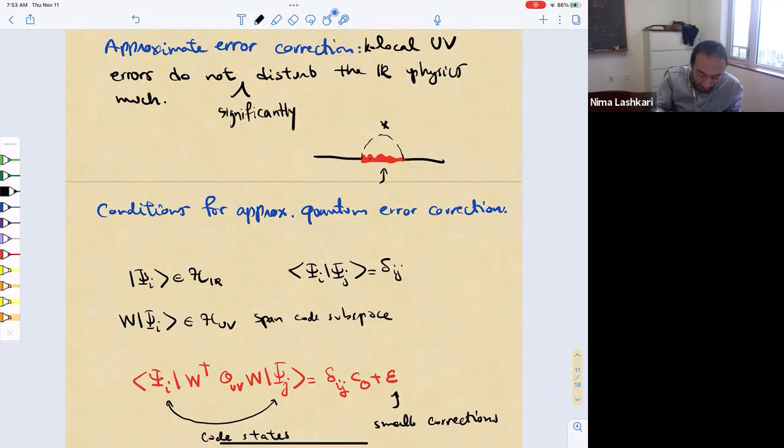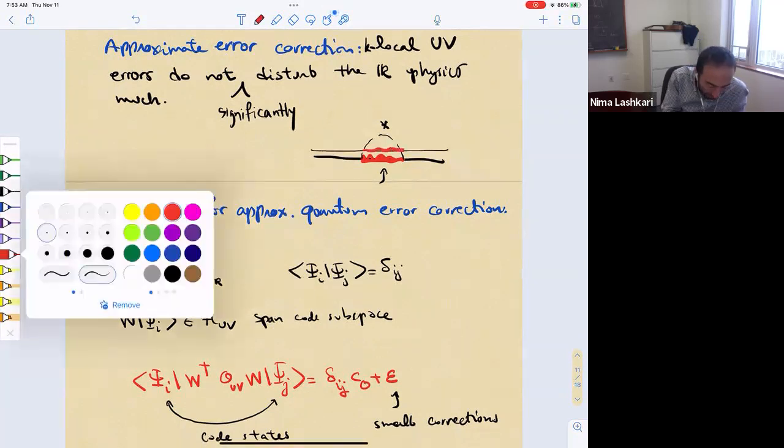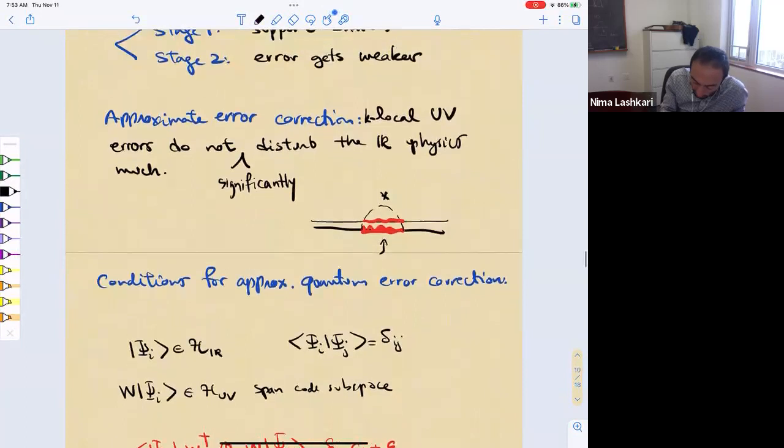So let's do RG. What happens is that in the next scale, the support of this guy has shrunk. In the next step, the support of it has shrunk. And at some point, the support reaches a point. Now in holography, you don't really have the story of the largest eigenvalue anymore.